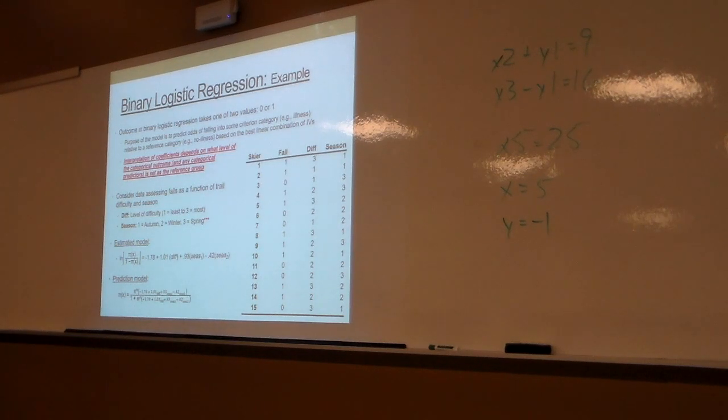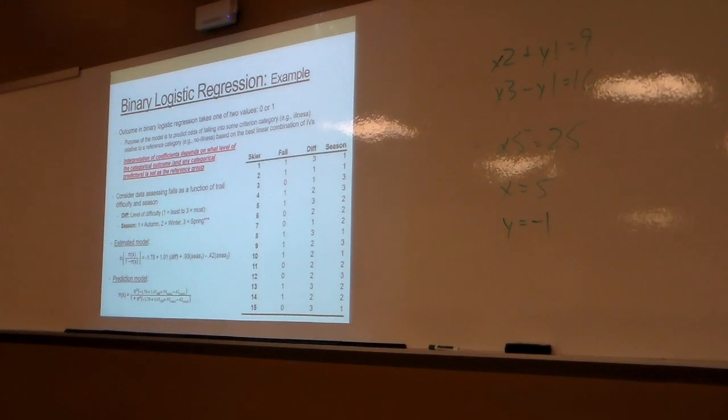If I don't fall, it's a 0. So not falling is my reference group, and falling is my criterion. I need to have my outcome variable coded so that whatever 1 is, that's the thing I'm trying to predict. So I think carefully about what I am trying to predict, the presence or absence of this, and then make my determination there.